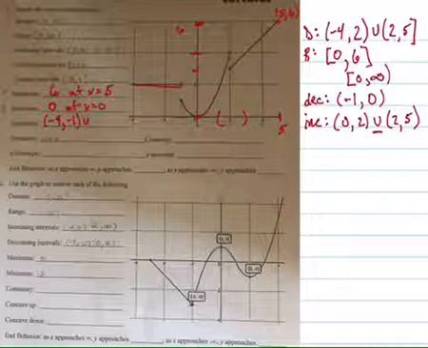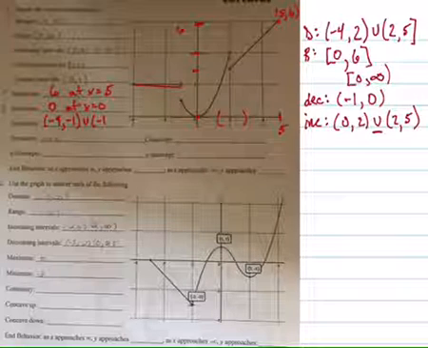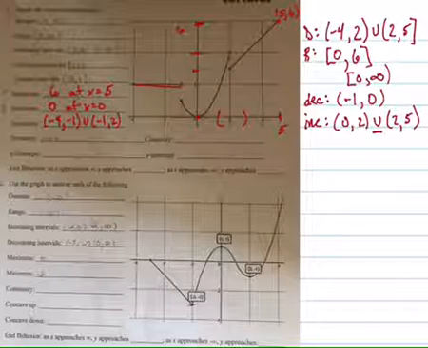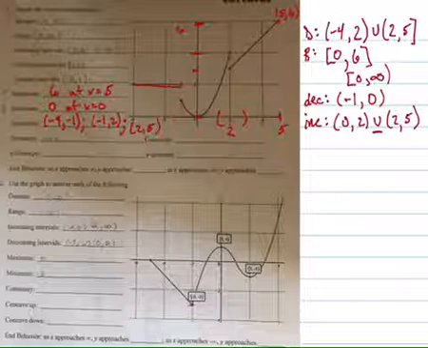I'm not sure if they want us to write union, so let's just use a semicolon. And then it's continuous again from 2 all the way to 5. Notice that for intervals of continuity, I use open brackets, not closed brackets.